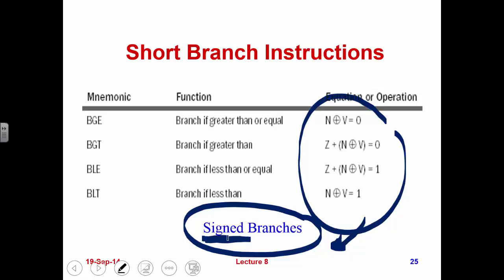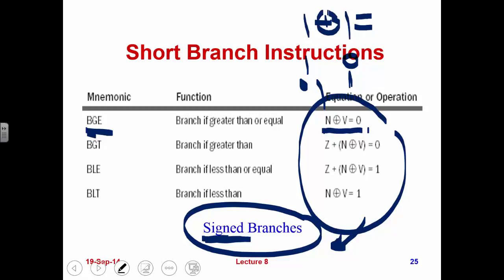Here we go, we have the BGE. It is when we do XOR with N and V, the result is 0. When we do XOR, that means either N is 1 and V is 0, or N is 0 and V is 1. But this one does not include 1, 1. If 1, 1 XOR, that's equal to 0. So in the 1, 0 case, that's not going to make the XOR 0, so it is not going to branch.